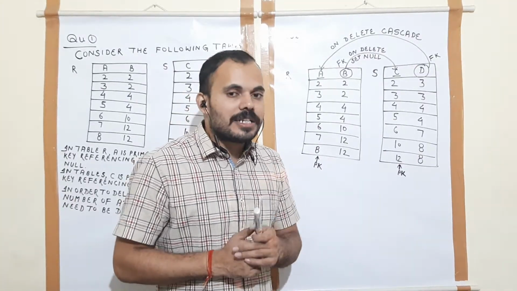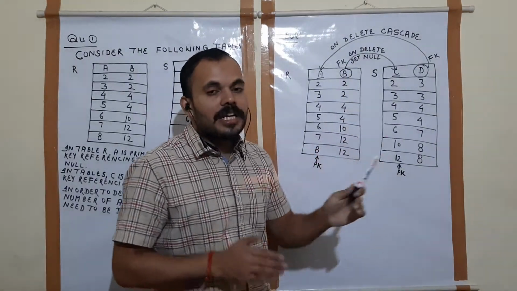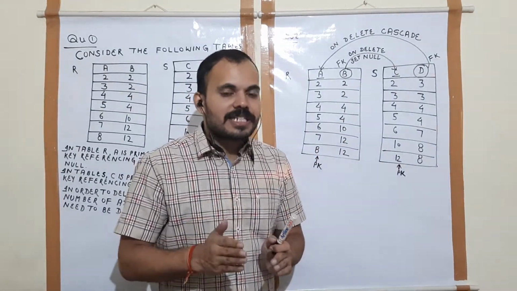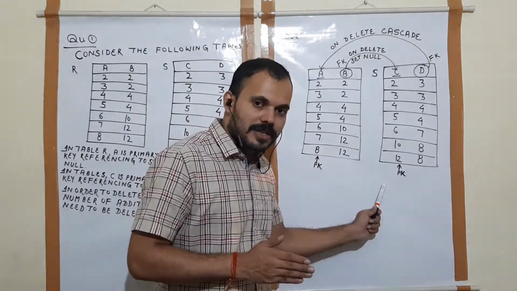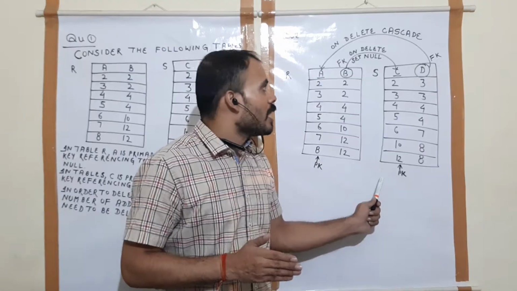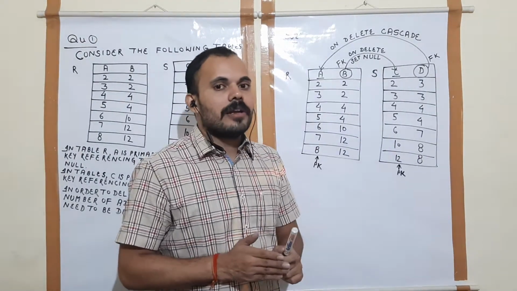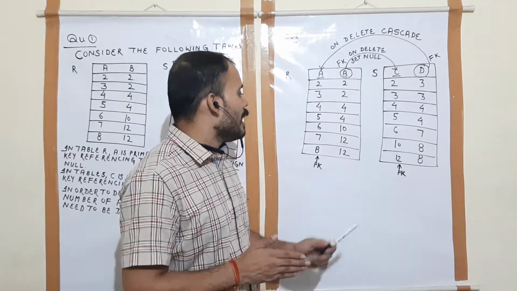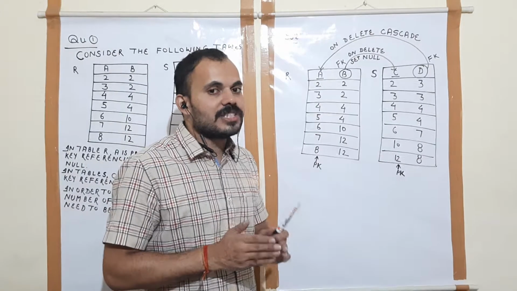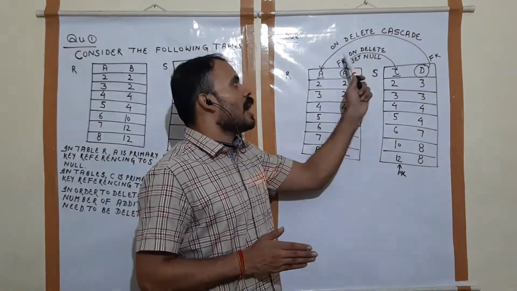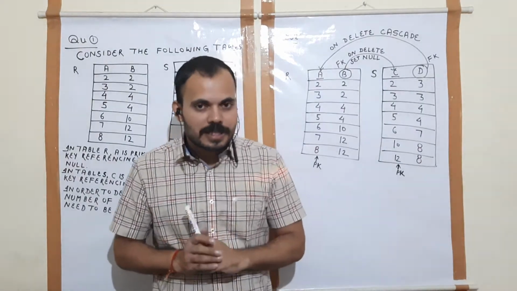And if the integrity constraint is on delete set null, it means if we delete any record from the referenced relation, the corresponding foreign key value in the referencing relation is set null. That is the meaning of on delete set null. We have studied in the previous lecture.